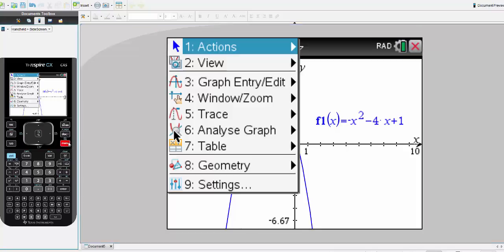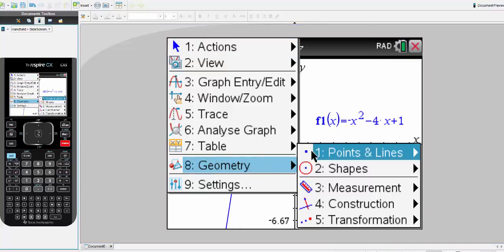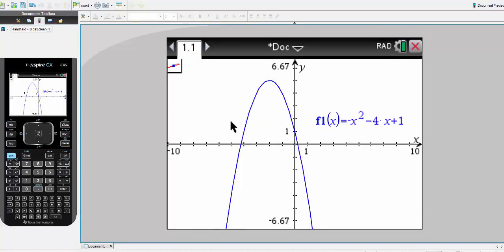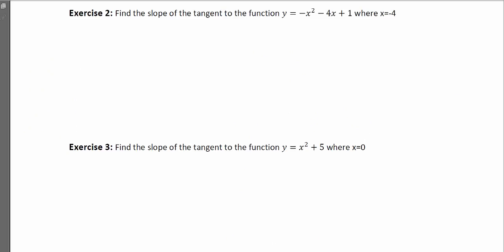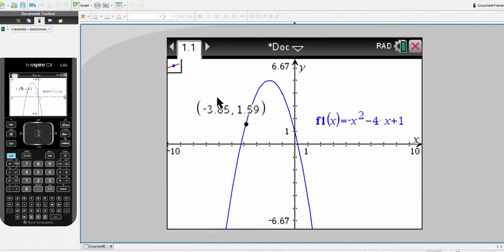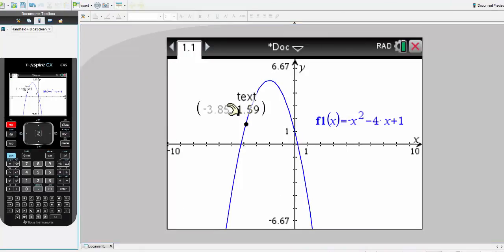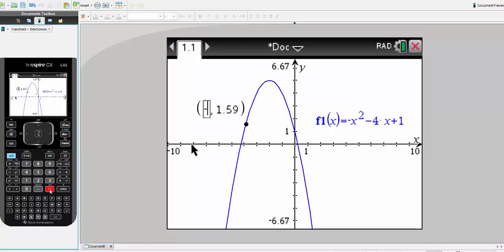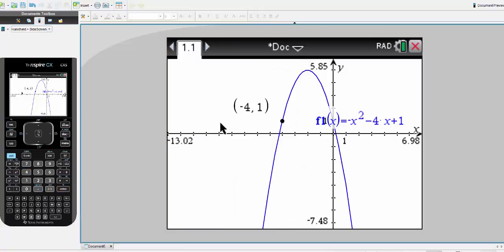Let's do it this way with geometry, points and lines, and then point on, and the graph. I'm going to fail just so I show you how to fix it in case you can't get the value you want the first time. We wanted x is equal to minus 4. Remember to sometimes click escape to go out of that mode. Then I'm just going to click and click again, delete, minus with this minus sign, minus 4, and that's the point.